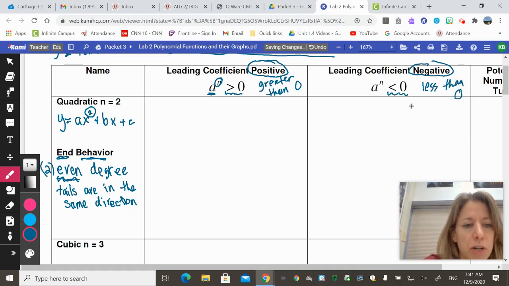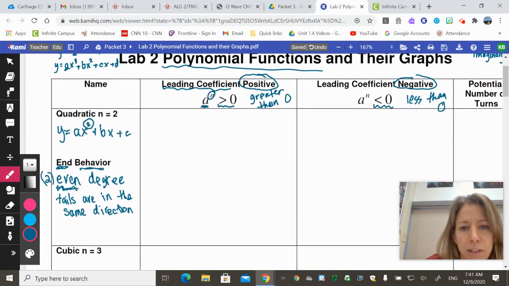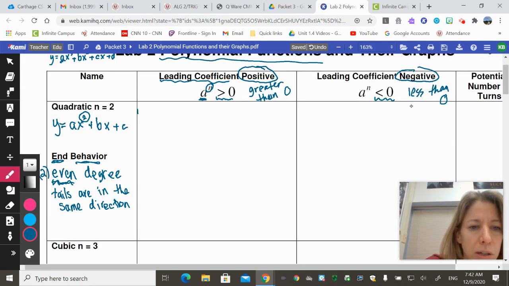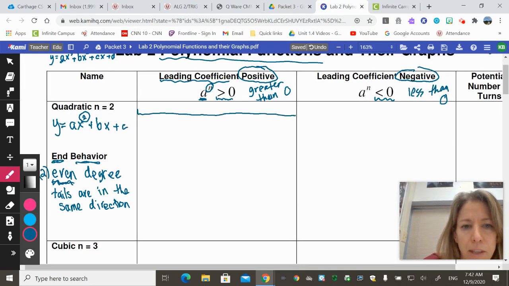If we have a quadratic, ax squared plus bx plus c, with a positive a, then the lead coefficient always tells us about the right tail. If the lead coefficient is positive, basically all of these in this column, the right tail is going to be up.